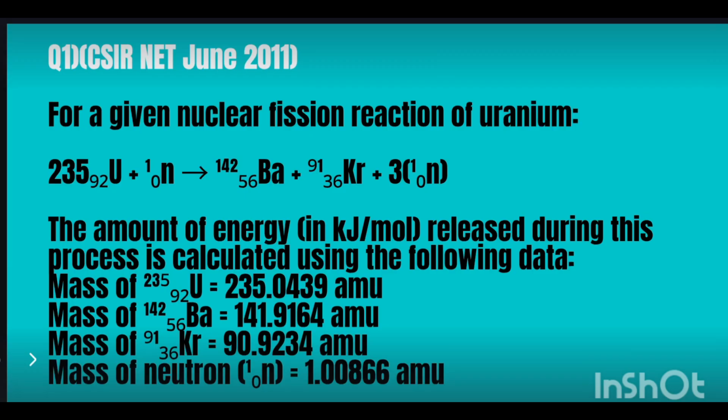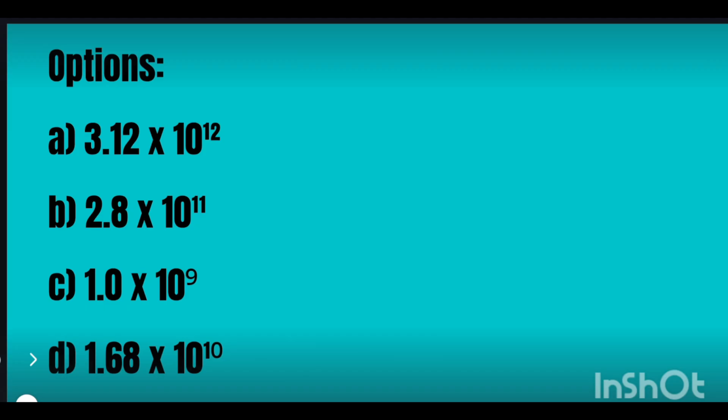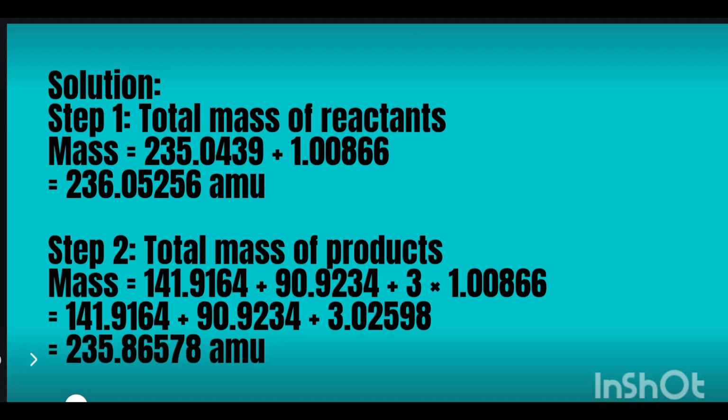Here the amount of energy in kilojoule per mole released during this process is calculated using the following data: mass of uranium-235, mass of barium-142 (56), mass of strontium-91 (36), and mass of neutrons are given. Let's see the solution. Here four options are also given. Now see the solution step by step.